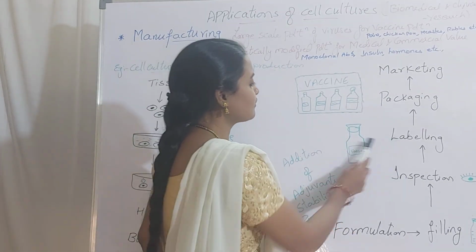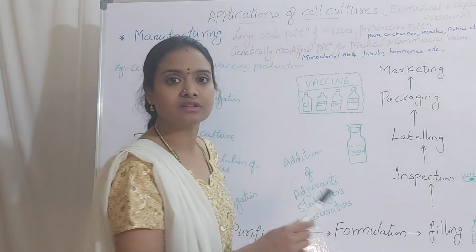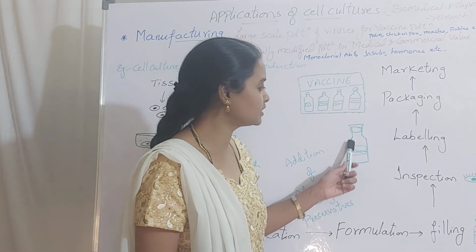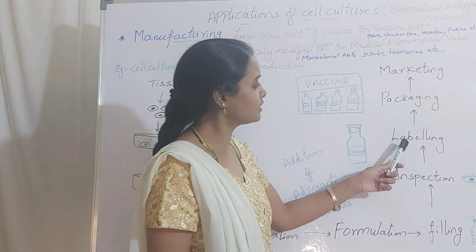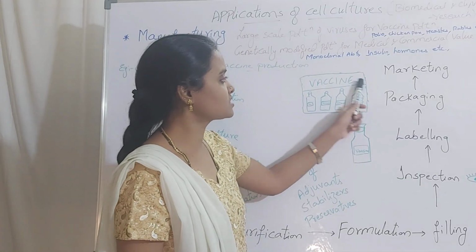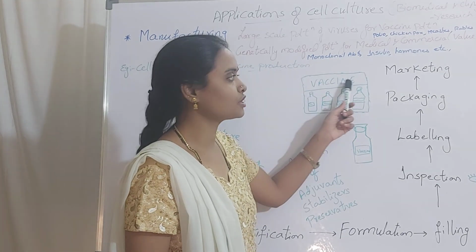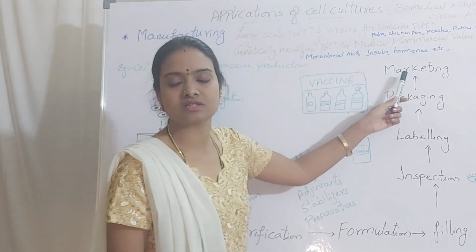All vials will be labeled with the particular vaccine name, the dosage, and all the information. Once they are labeled, they are sent for packing. Each package consists of so and so number of vials and the name of the vaccine, and then it is released for the marketing process.